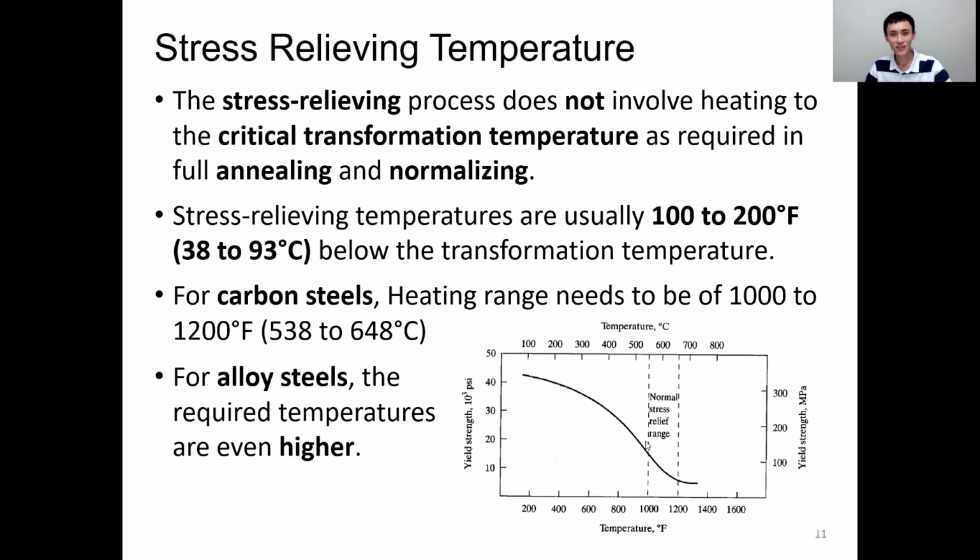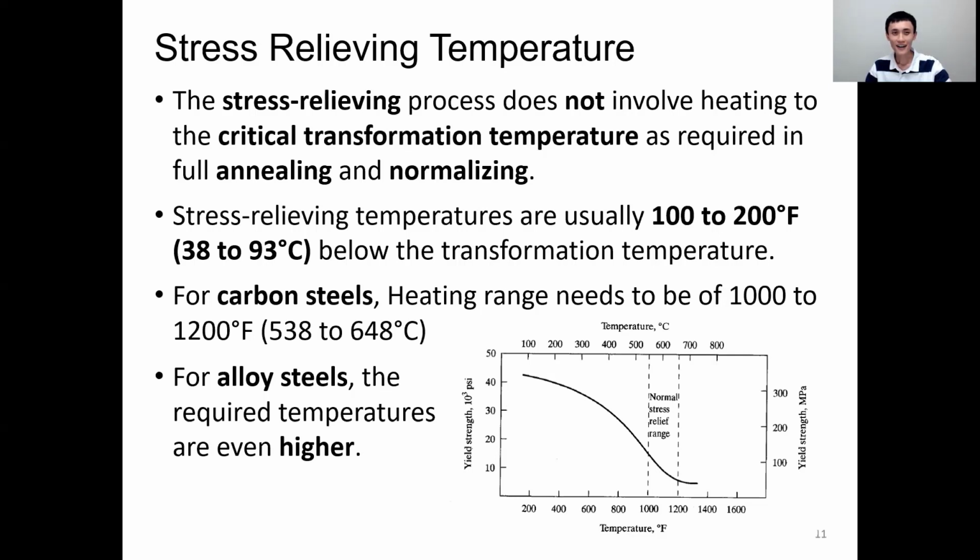As we said, as the temperature goes higher, you will lose more strength. So the designer will need to consider the trade-off between the stress relieving temperature and the strength of the material itself.